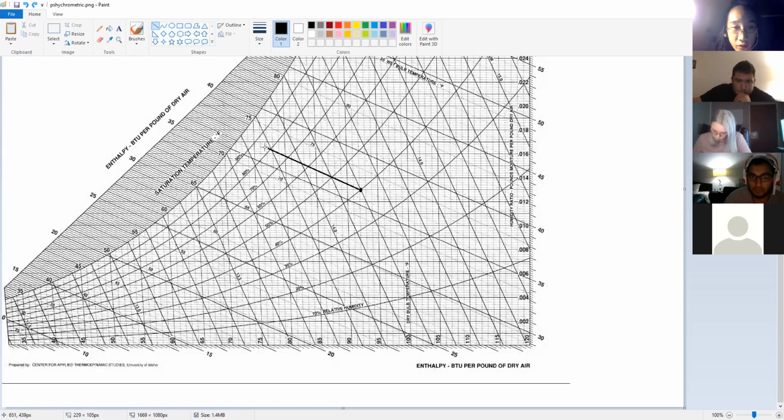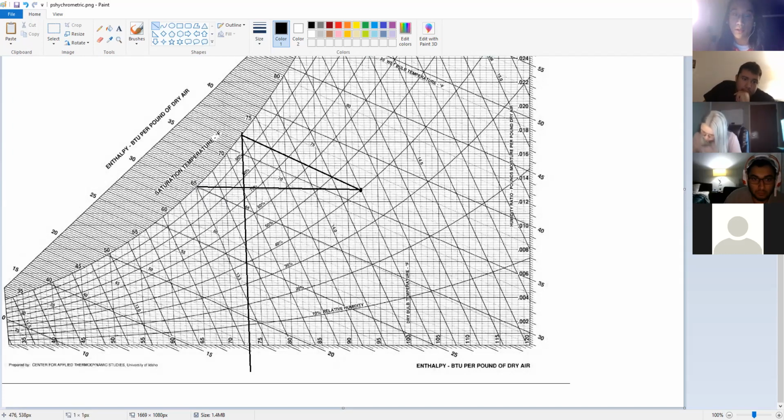You just follow these faint lines until you reach 100% saturation, and then you go straight down to find your wet bulb temperature. Dew point, you're lowering the temperature with the same humidity until the climate reaches 100% saturation. At 100% saturation, it is very easy for water to condensate because there's literally water everywhere. So you only lower the temperature until you reach that 100% saturation point, and you go straight down, you get your dew point.